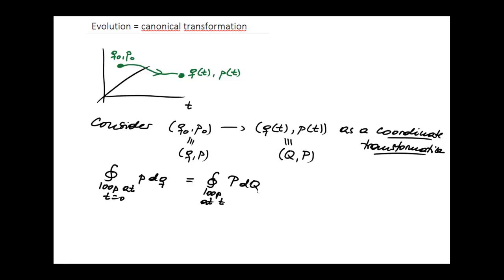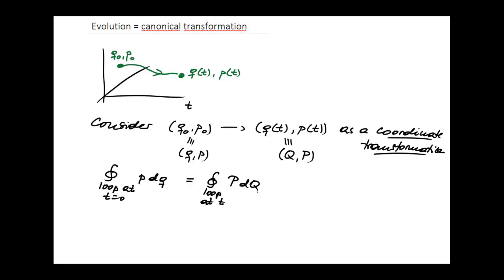But now remember, we had shown earlier today that we can view the conservation of this loop integral as a criterion for a transformation being canonical. So that's an alternative way of characterizing canonical transformations. We can take that as an alternative defining property of a canonical transformation. So since the loop integral is conserved, this coordinate transformation must be canonical.